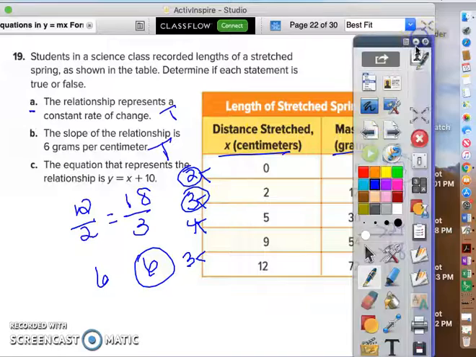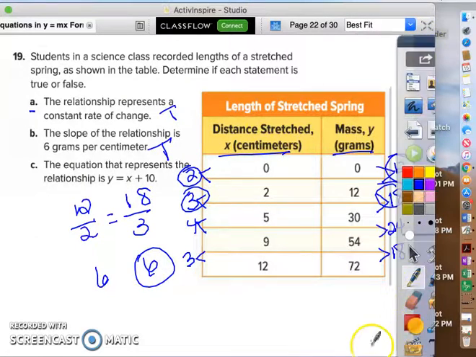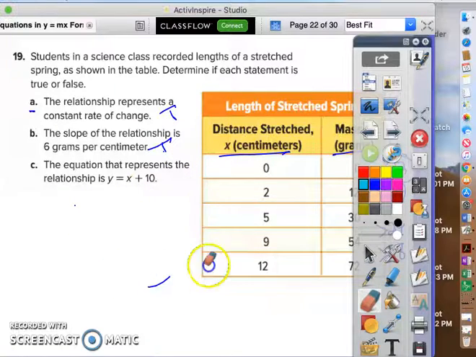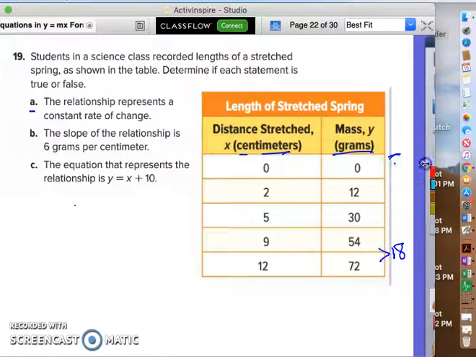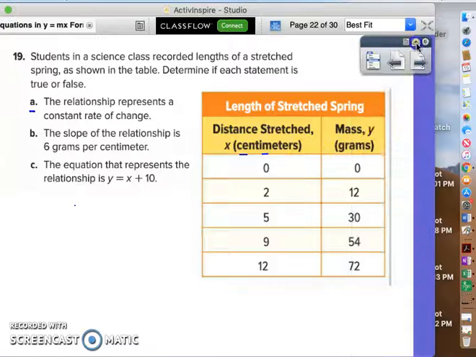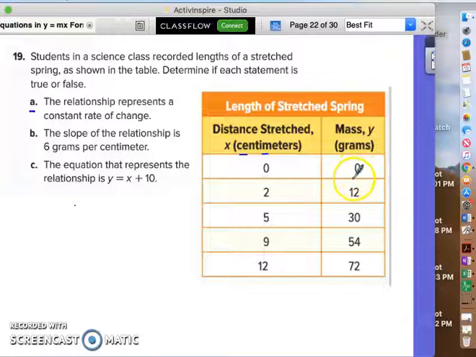The next asks if the equation that represents this relationship is y equals x plus 10, meaning if I add 10 to any x, I should get my y.